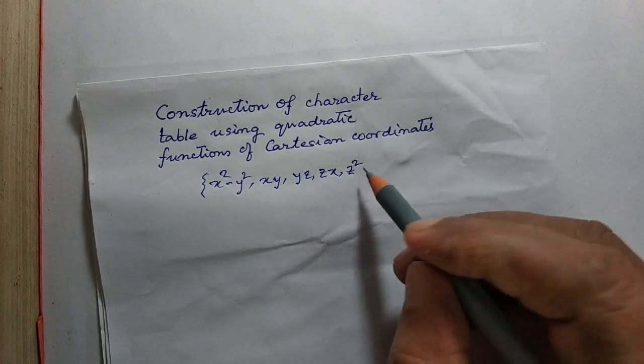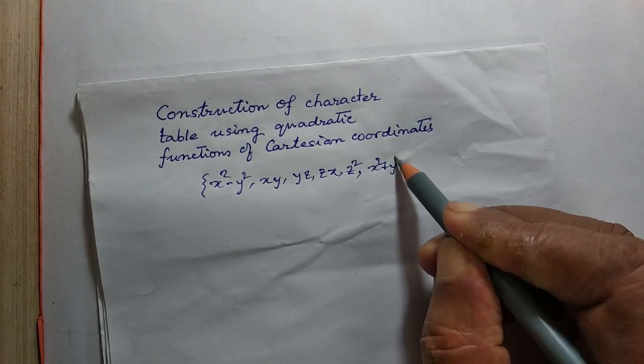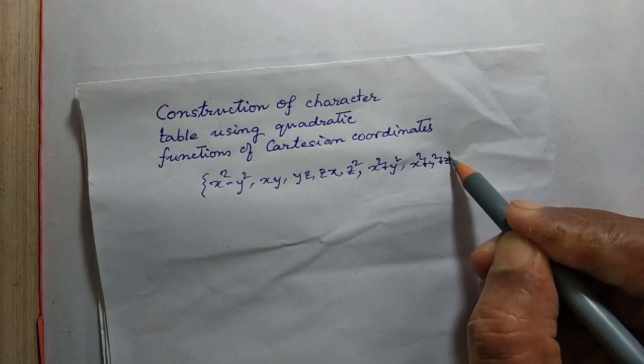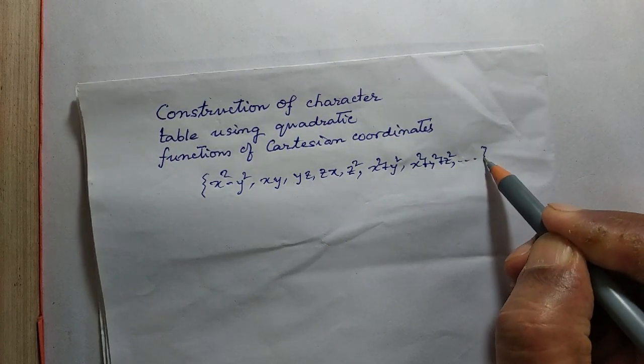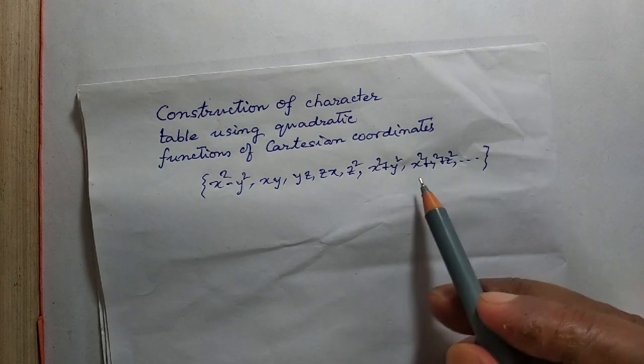These are the d-orbital functions. Then x square plus y square, x square plus y square plus z square, and so on, quadratic functions like these. This is an s-orbital function.